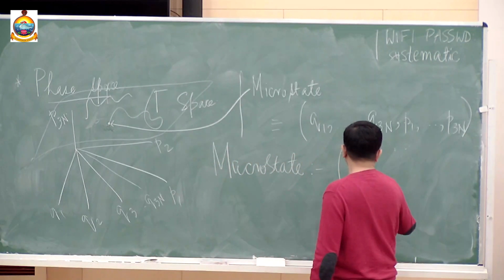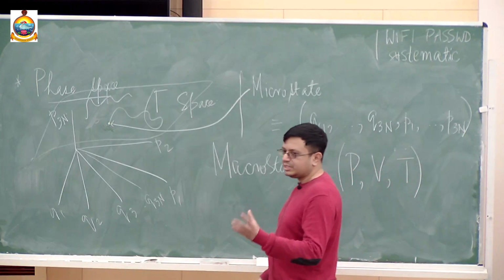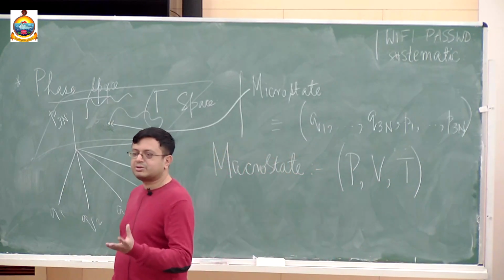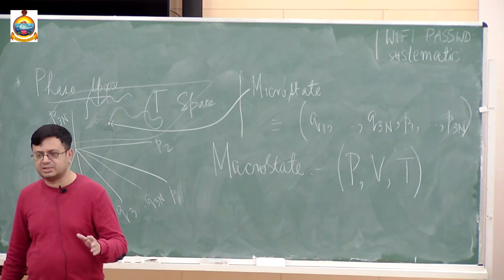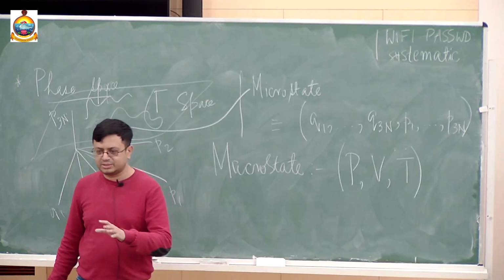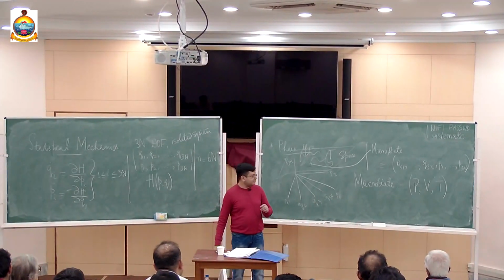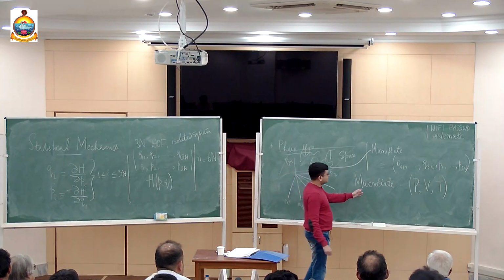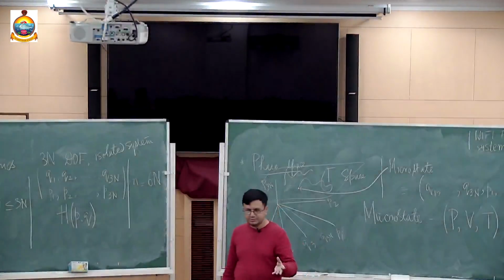It is completely characterized by values taken up by certain macroscopic observables of the system: the total volume, the total pressure, temperature of the system, and so on. They have nothing to do with microscopic degrees of freedom. A macrostate is defined by measurable quantities that refer to the system as a whole.